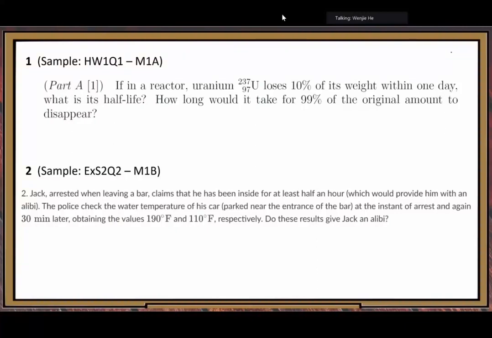All right. The first two questions. Module 1, Part A, I pick one question. This uranium question. Half-life, right? So here, for the sample question, the real question I plan to give you, I will use the same context as the sample question, but I will modify the condition slightly.